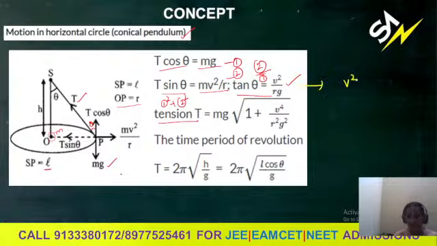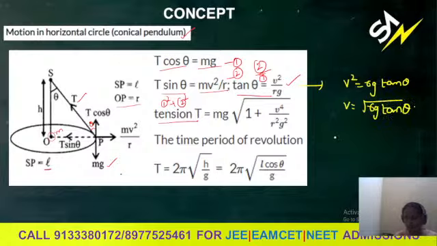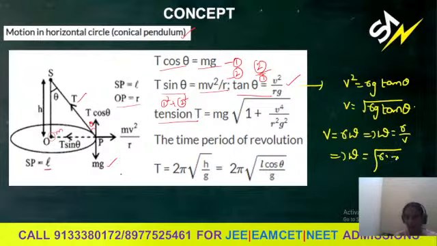From this equation, v square is equal to rg tan theta, so v is equal to root of rg tan theta. And we know that in a circle v is equal to r omega, so omega is equal to v by r. This gives omega equal to under root of rg tan theta by r square, writing inside the root.